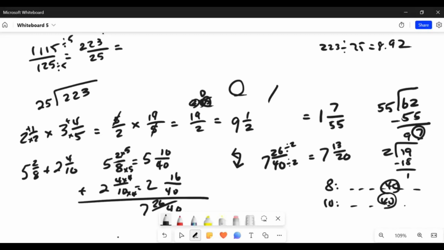So I know 25 goes into there 8 times. So I need to do 8 times 25. And I get 200. Subtract, and I get 23. So there's my whole number. There's my denominator. The remainder is 23. 8 and 23 25ths.